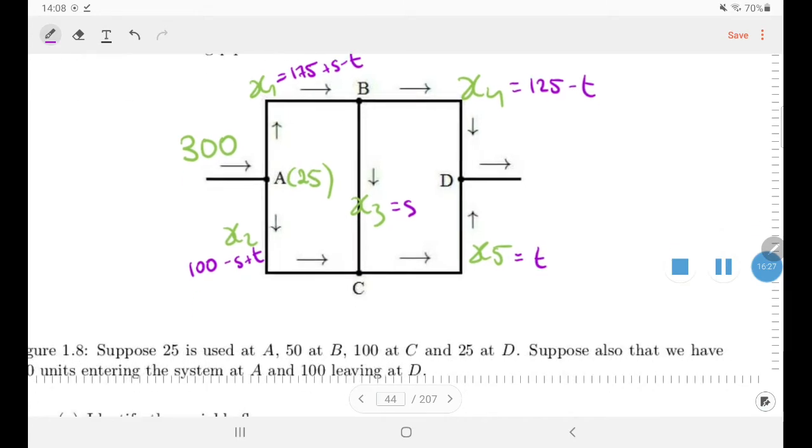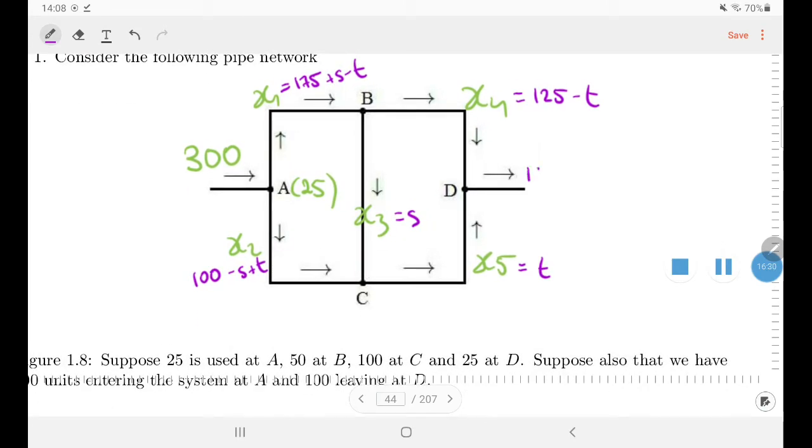I think we said there was 100 leaving here. Then there's 25 being used here. That's all in the question. 100 is being used here. And finally at B, there's 50 being used.